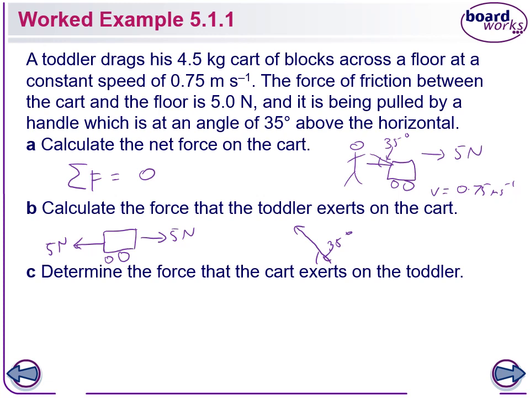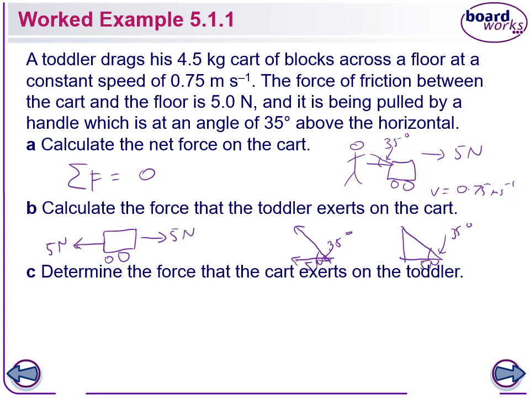The way we do this is through trigonometry. We know that the horizontal force has got to be equal to 5. So I'll draw this a bit bigger. We know that our horizontal force is 5 newtons, and that the angle is 35 degrees. So the force that the toddler is pulling with is just the hypotenuse of our triangle.